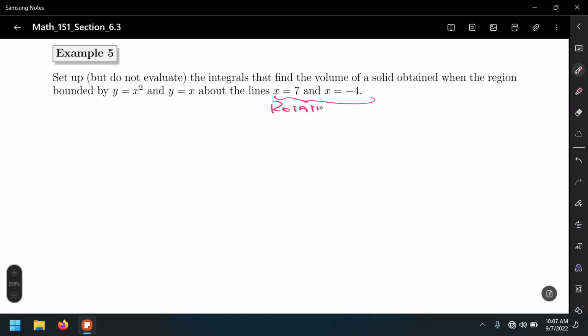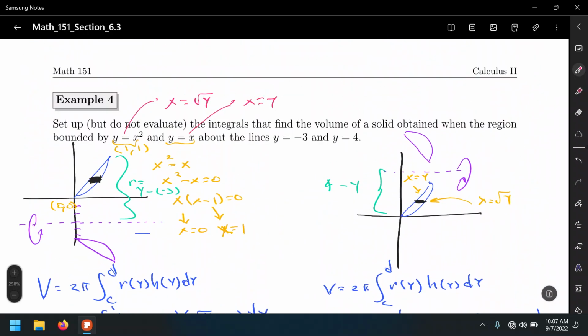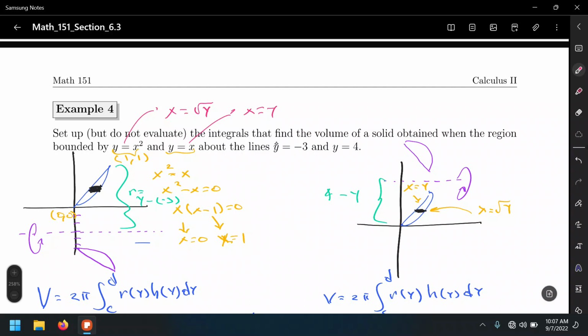Rotations about a vertical axis mean we need functions of x. Okay, as opposed to, did I know that in the previous example? So in this case I need to point that out as well.